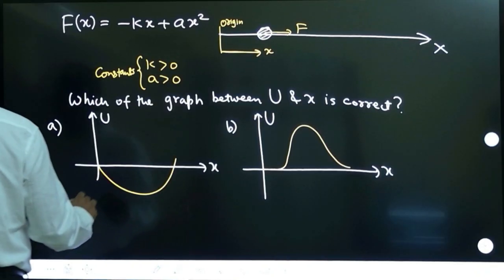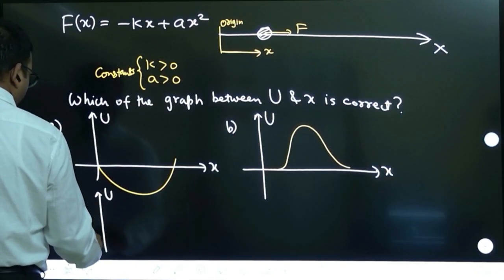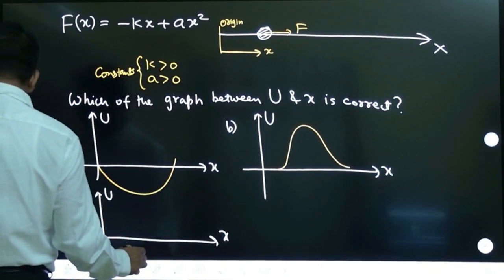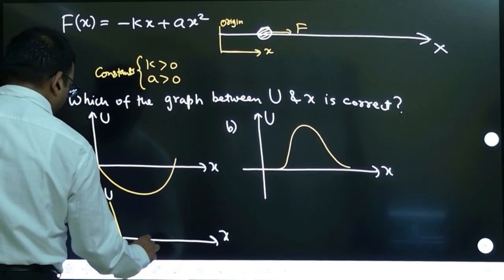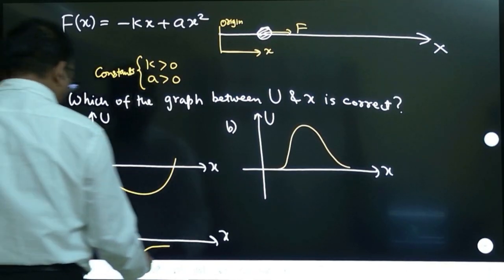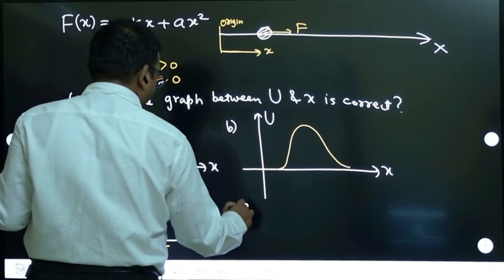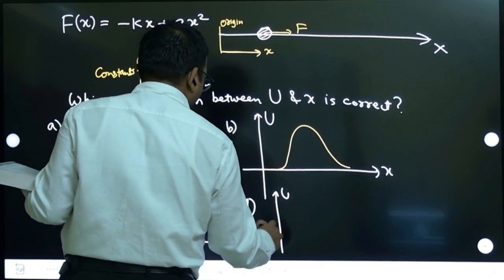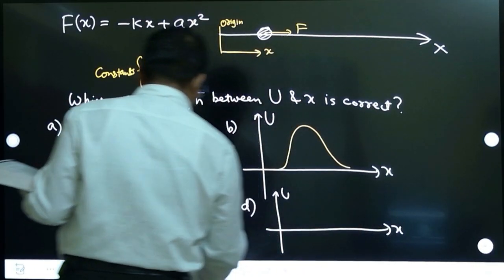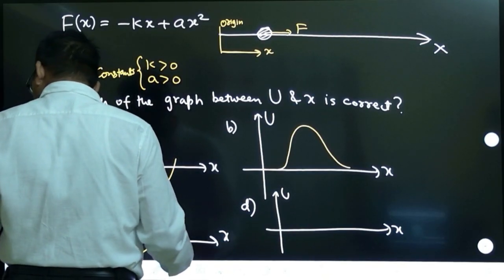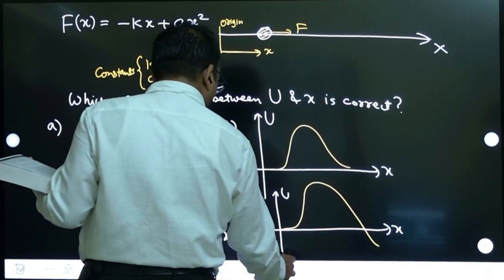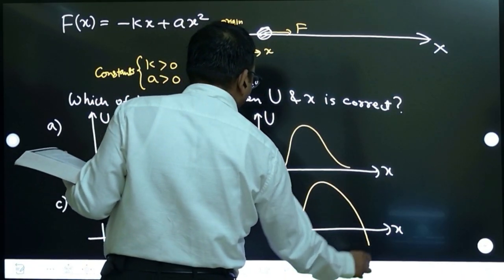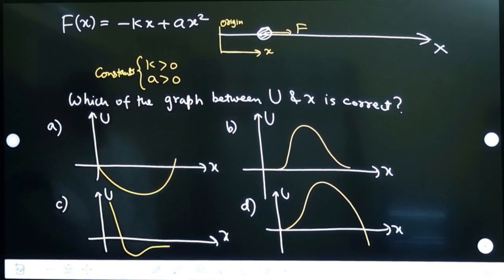Third graph, potential energy versus x. Fourth graph. Try this.